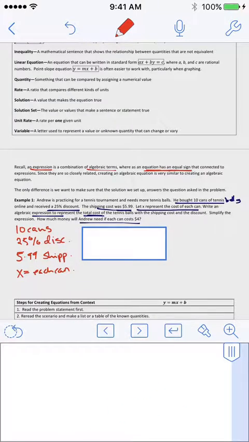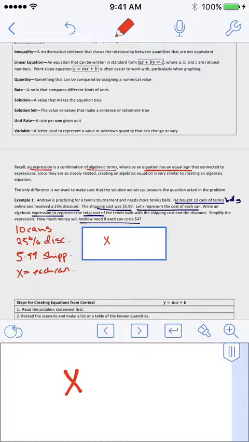So let's start building this expression. It's going to start around X, right? And X represents the cost of each can. Well, if Andrew is buying 10 cans, and let's say they were $1 each, how much would he spend? About $10, right? If they were $2 each, they'd be $20.